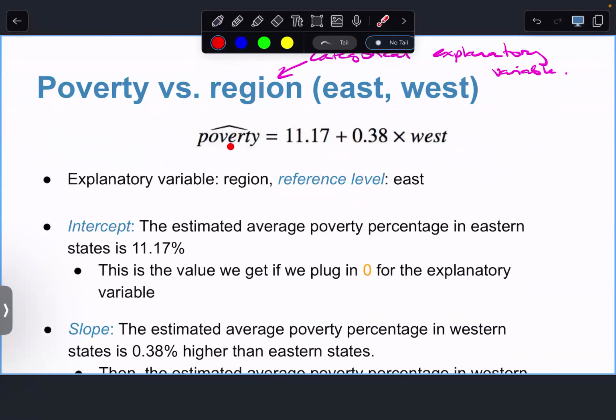The predicted poverty is still the response. And we get 11.17 plus 0.38, which is our slope still. But then whether it's west or east, which are the two categories for the region. And so this is what we call a dummy variable.